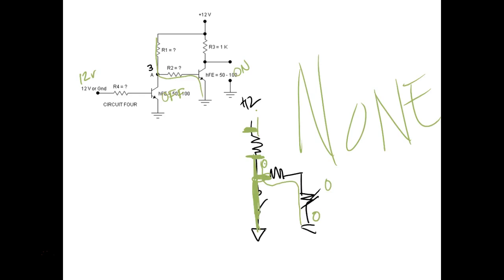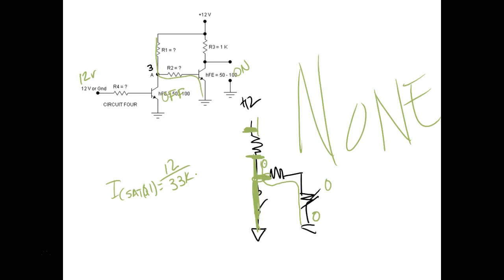Now we've got to figure out what collector current is going to flow through Q1 when it's saturated. So how do we figure that? Well, we know R1, right? What size is R1? So we say IC sat Q1 is going to be equal to 12 volts divided by 33K, because that's the size that we chose.